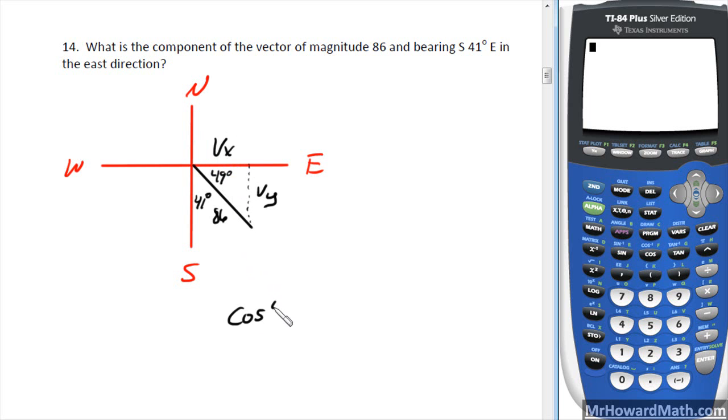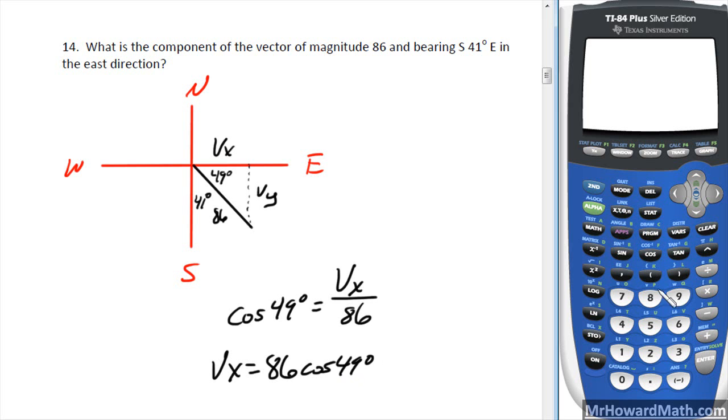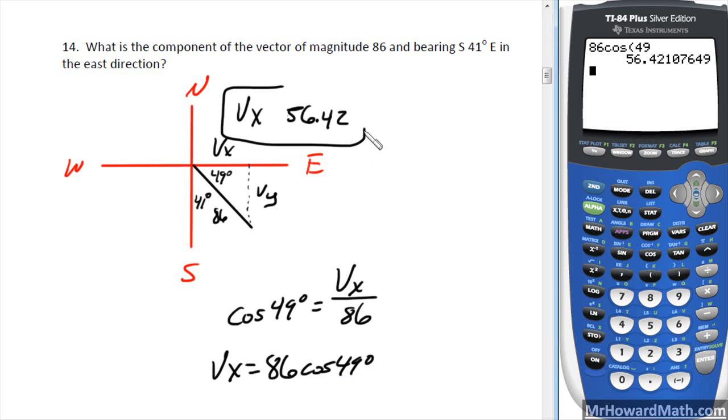Cosine of 49 degrees is equal to v sub x all over hypotenuse 86. So v sub x is 86 cosine 49 degrees. So let's put that in our calculator, and we get the east direction is 56.42. So that would be the answer right there.